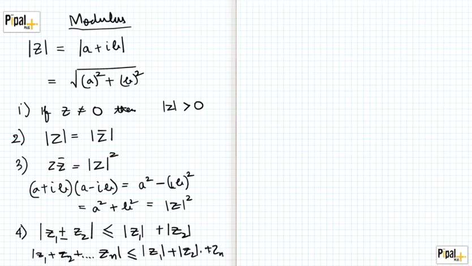Then the product of two moduli. Let's say you multiply two complex numbers and take the modulus of their product. This is equal to their individual moduli multiplied. So you take z1 and z2, multiply them, and take the modulus of the resultant complex number.